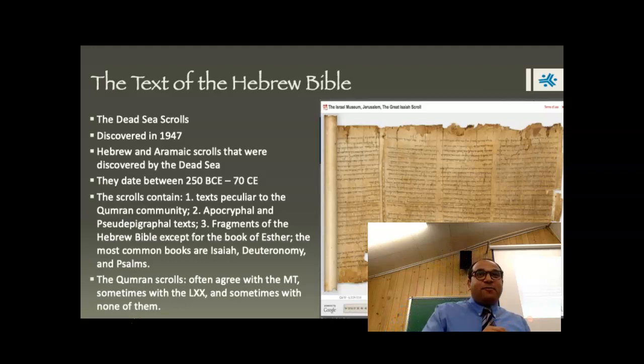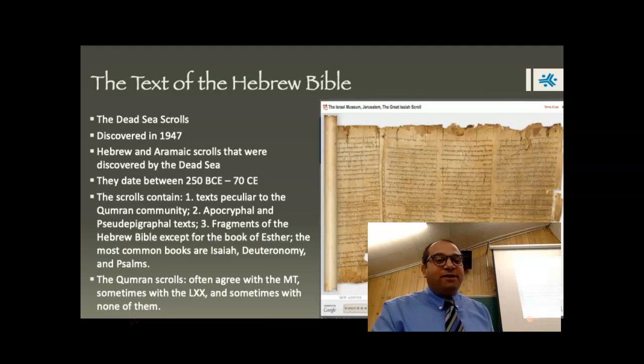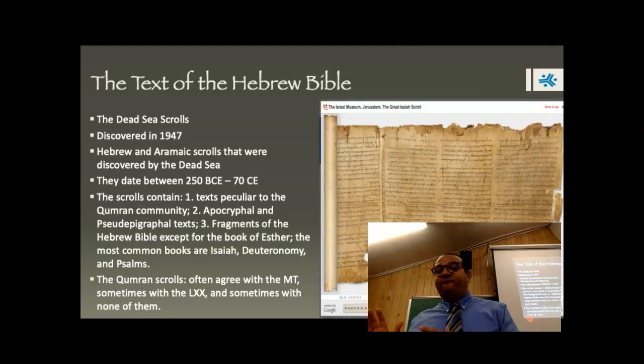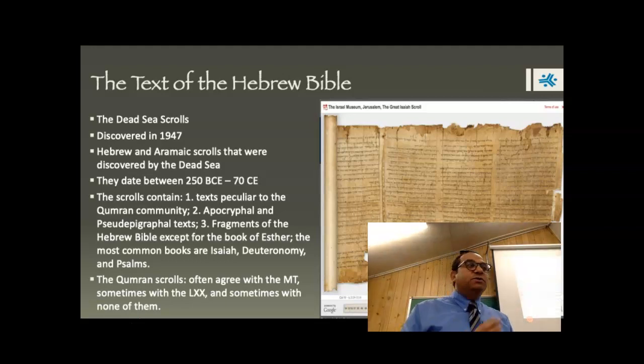And these manuscripts, some of them were written in Hebrew and some of them were written in Aramaic, and they were in caves close to the Dead Sea in Israel. The date of these texts likely goes back to the period between 250 BCE to 70 CE. There was a community living in these caves that copied, preserved, and wrote texts in Hebrew and Aramaic. And some of these texts are also biblical texts.